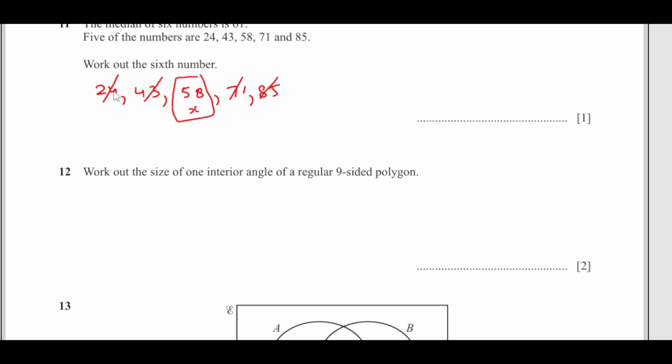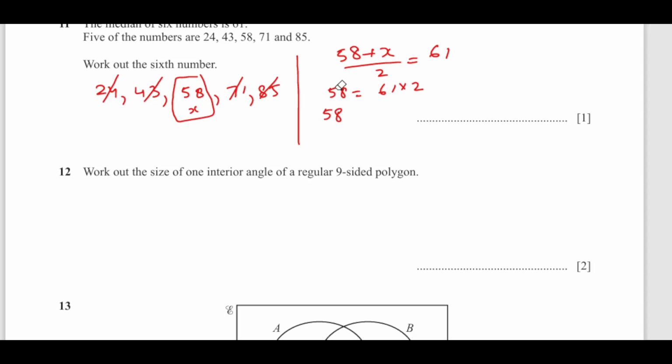So let's say it is x. So now for median, 58 plus x over 2 should be equal to 61, right? So then 58 plus x will be equal to 61 times 2, sorry, let me just erase this one.